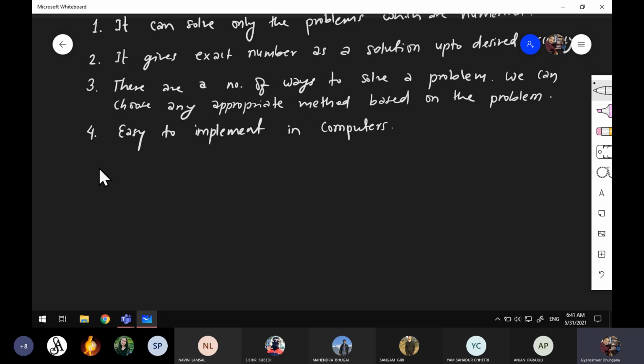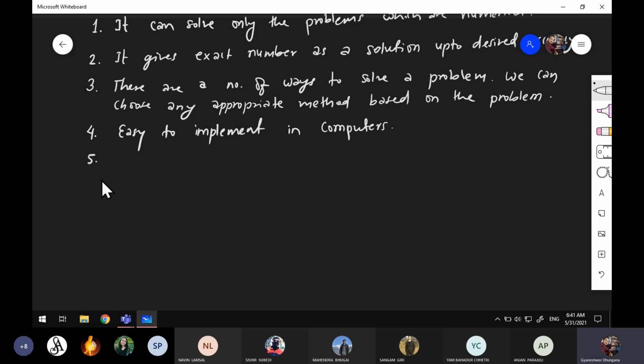But for humans, it may be a bit difficult, actually not difficult, but time consuming, for calculating the numbers and involving a large number of iterations. But for computers that will be easier.